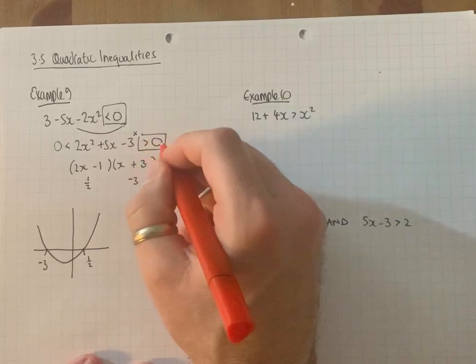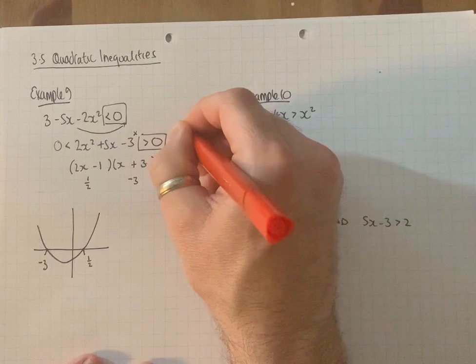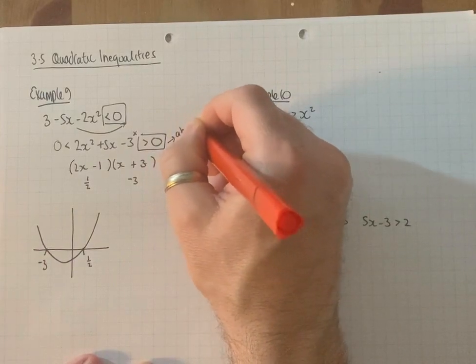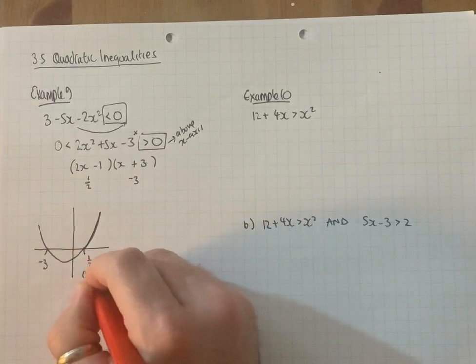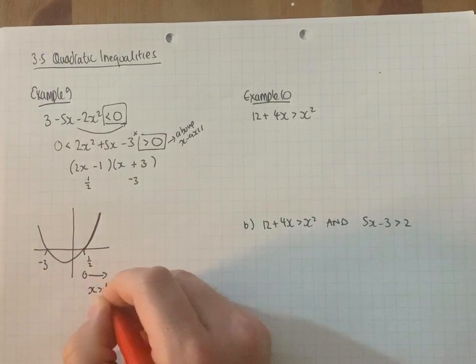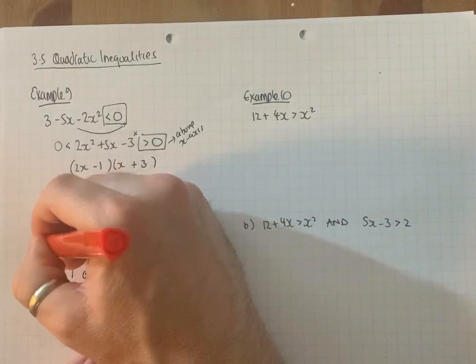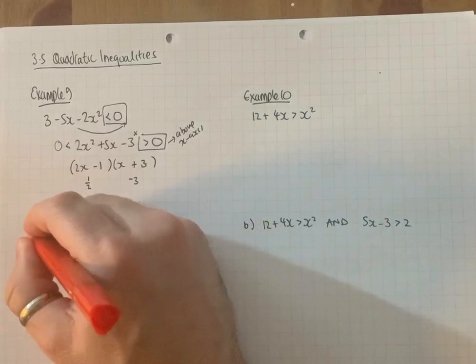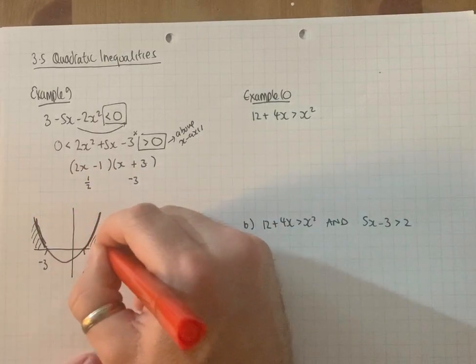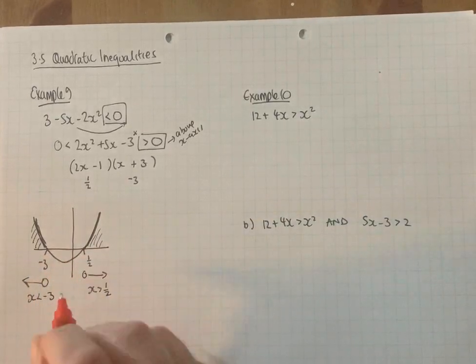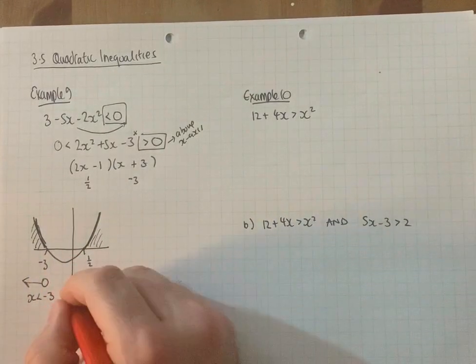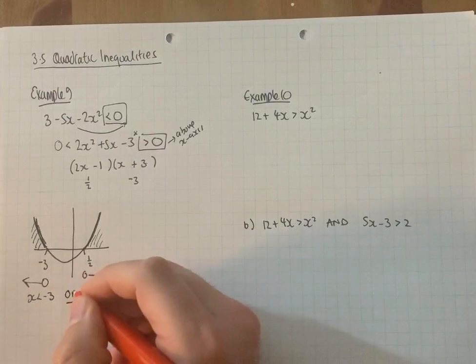This is looking at the x-axis, when it's above the x-axis. So it's above the x-axis here, when x is bigger than a half, and when x is less than minus 3. But because you've got a gap where you can't be both, you need to use the word or.